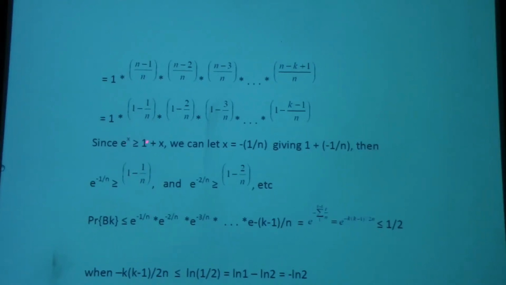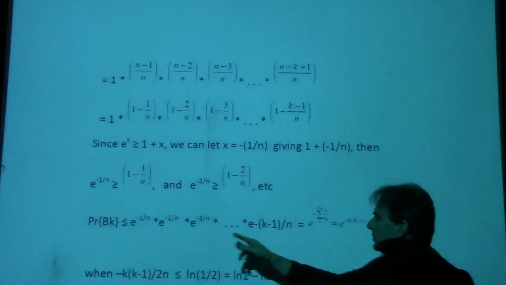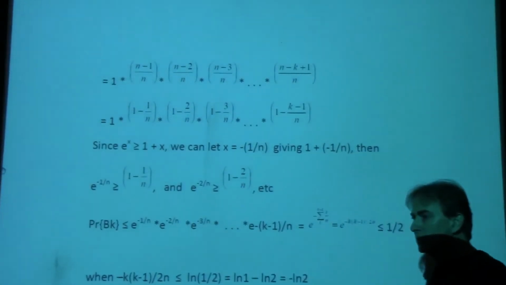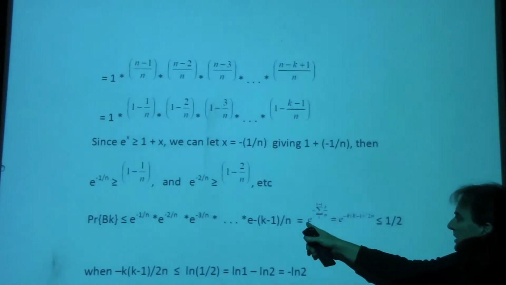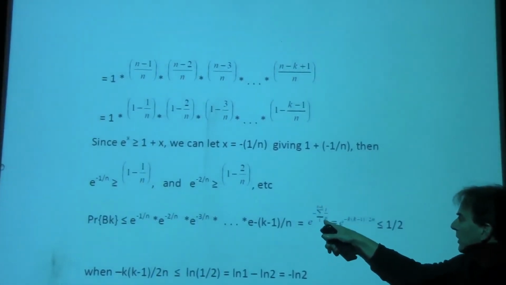So if they are greater than or equal to, then we know our probability is going to be less than or equal to when we use the bigger terms to multiply. So then we're going to multiply this by all of them, all the way up to here. And when you multiply the same base to different powers, all you have to do is add the powers. So it's going to be e to the power of the summation from 1 to k minus 1 of 1 over n.